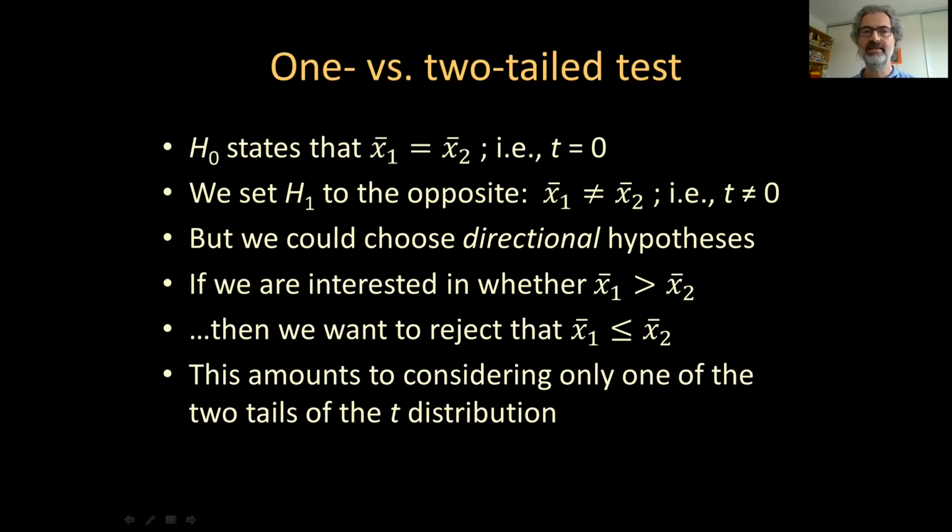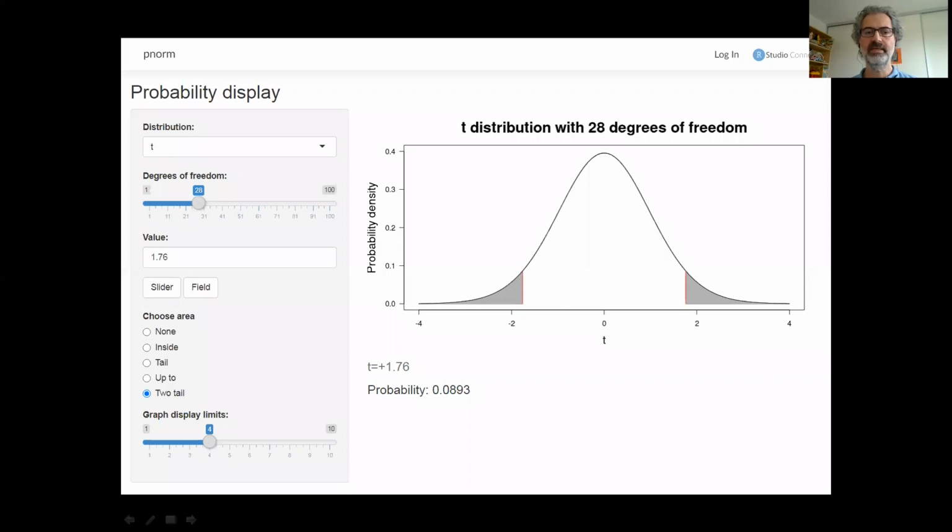Therefore, positive and negative t-values are associated with a different group being greater than the other. And if we're only interested in one of these possibilities, then we're not interested in both of these tails. This is the left tail that concerns negative t-values, and this is the right tail that concerns positive t-values.